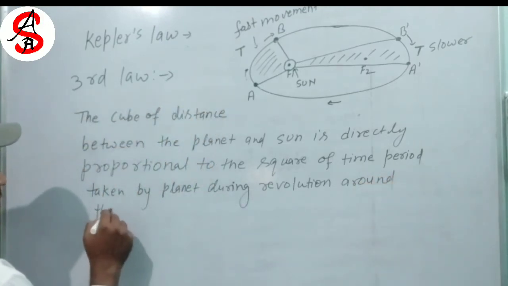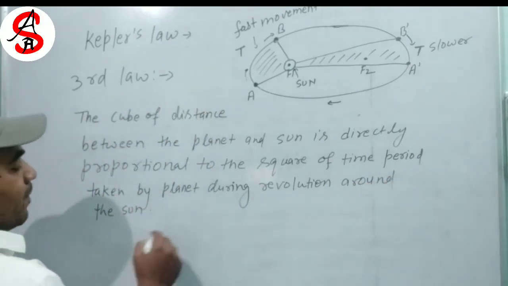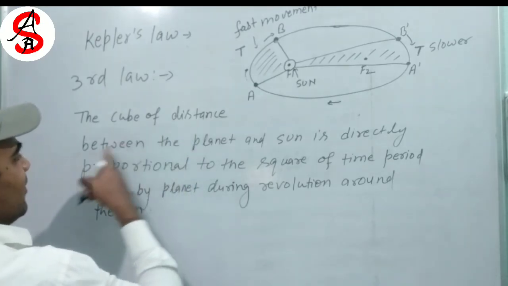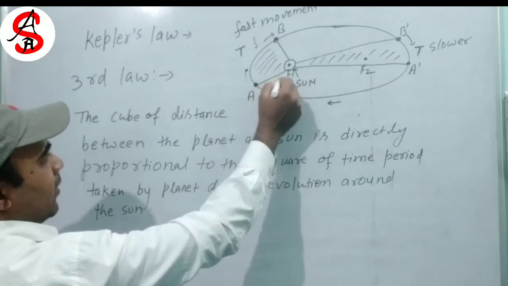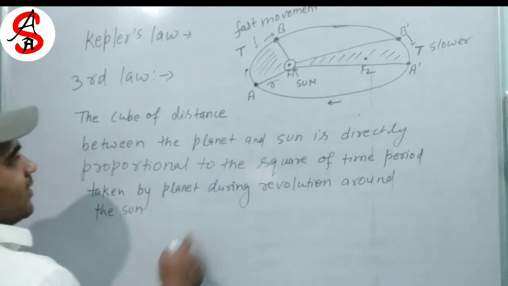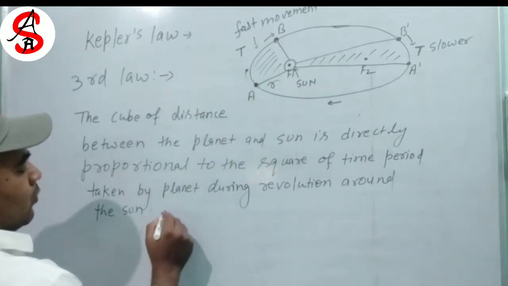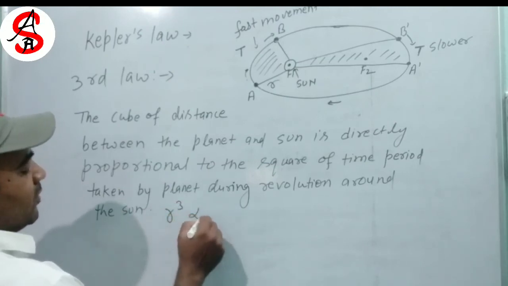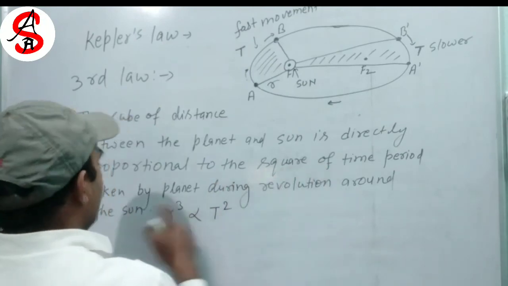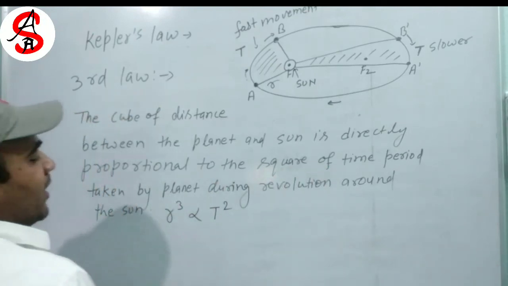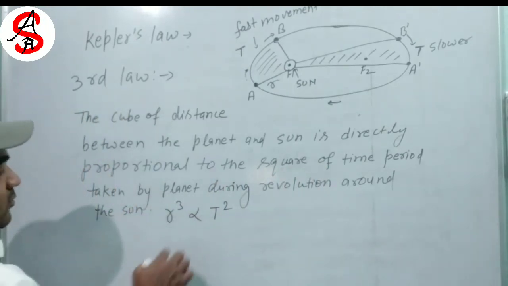That is, here the distance between the planet and the Sun is r, and the time is T, so r cubed is directly proportional to T squared, the square of the time period taken by the planet during the revolution around the Sun.